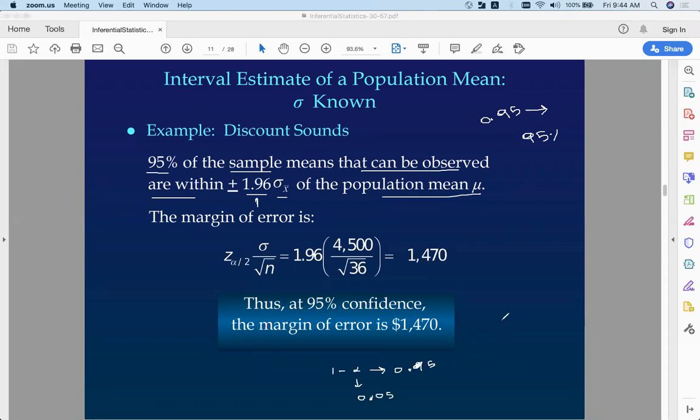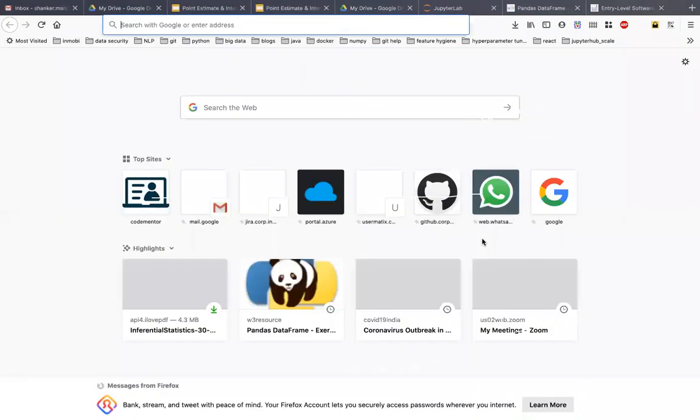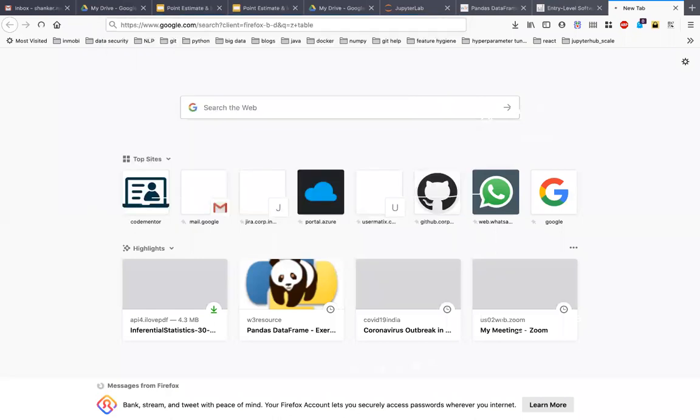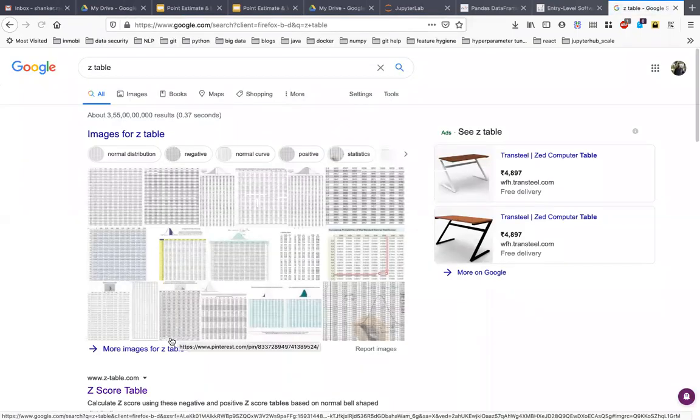Now what is alpha by 2? Alpha by 2 is basically equal to 0.025. Okay. Now the Z value, there is a Z table. So if you search online for Z table, you will find this table. So there is a table called Z table.